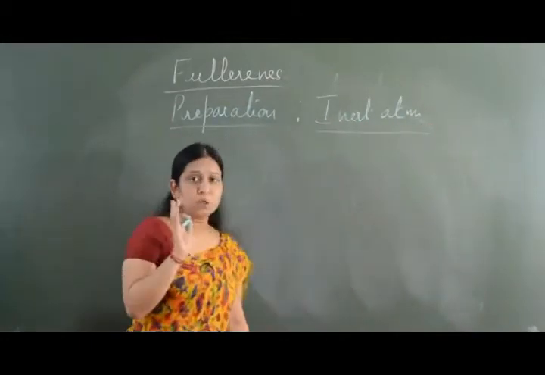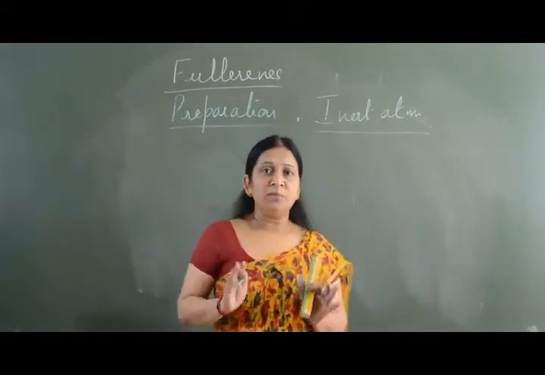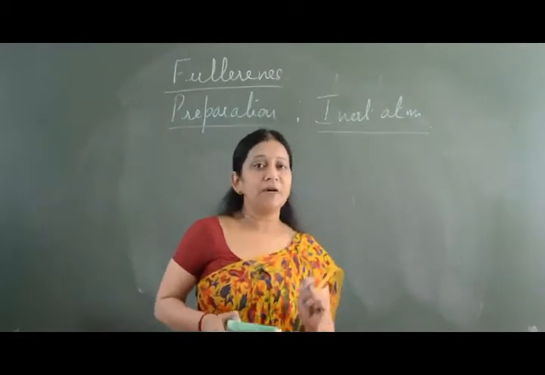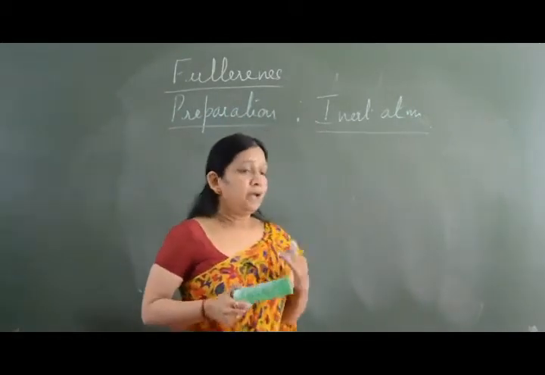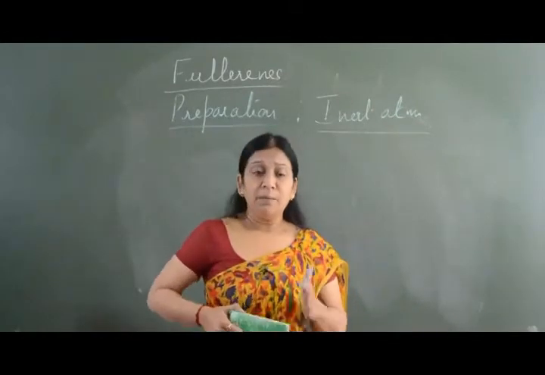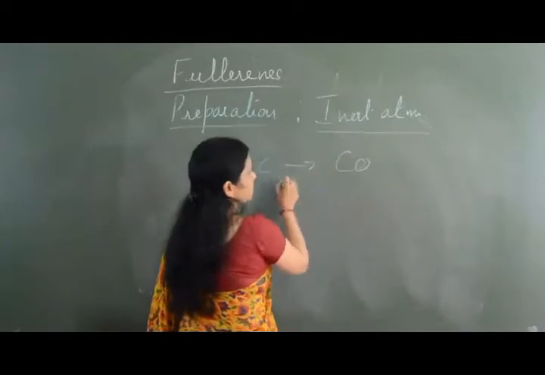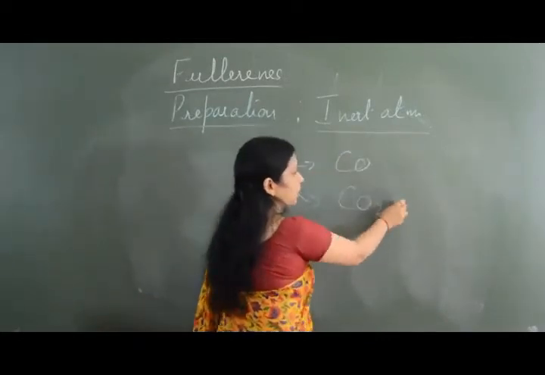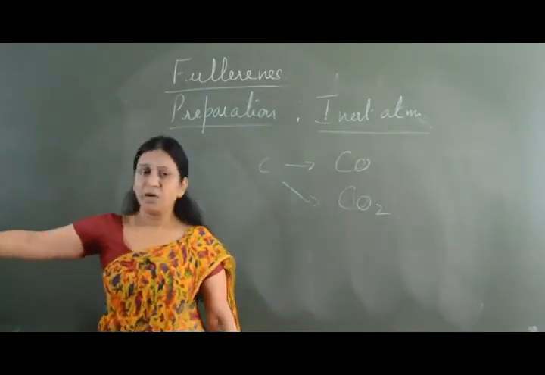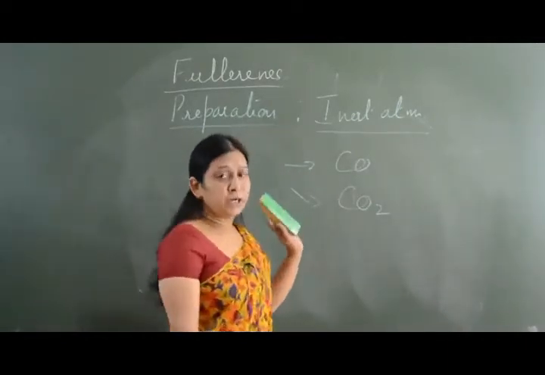Why is the inert atmosphere taken? Fullerene is a cluster of carbon, so if the atmosphere is oxidizing, then carbon can be converted into either carbon monoxide or carbon dioxide. So we do not want it.